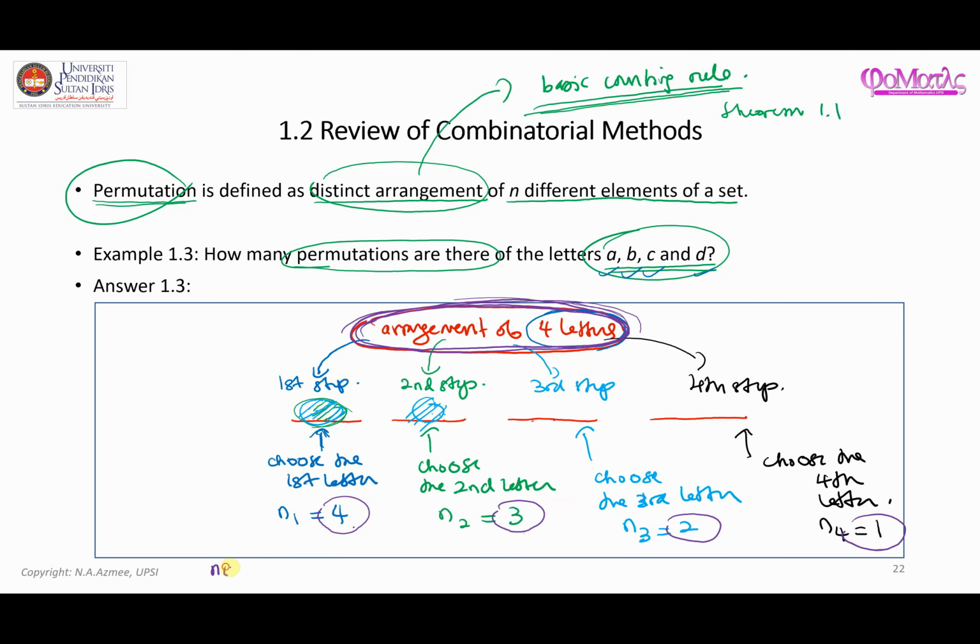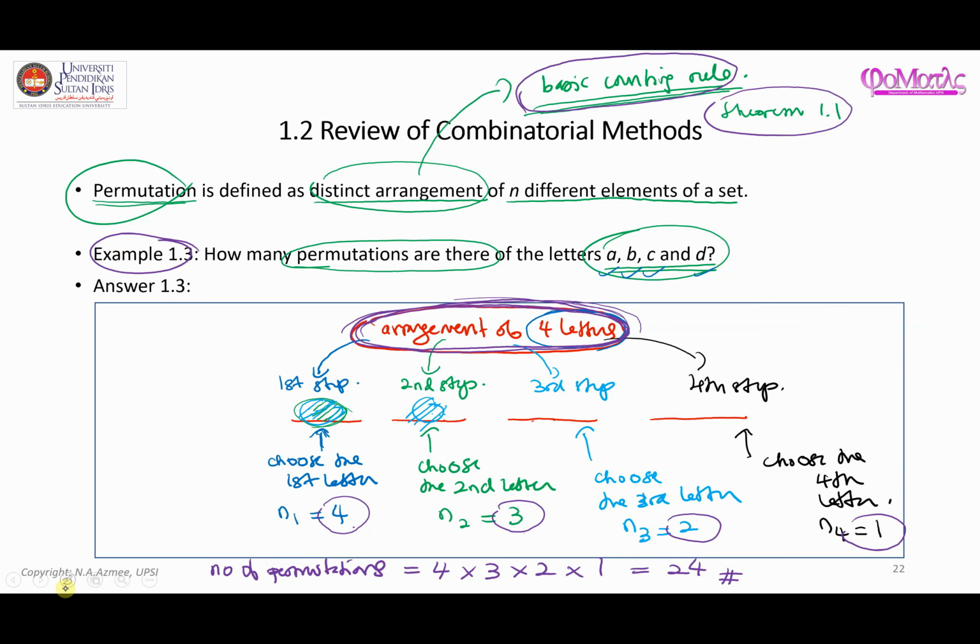So the number of permutations is just 4 times 3 times 2 times 1, and this is equal to 24 different ways. The number of permutations is equal to 24. That is how you can solve this problem using the idea of the basic counting rule, which I have already illustrated in the previous video.